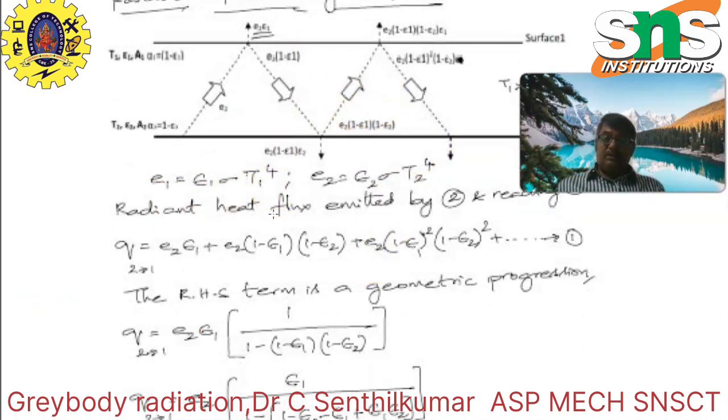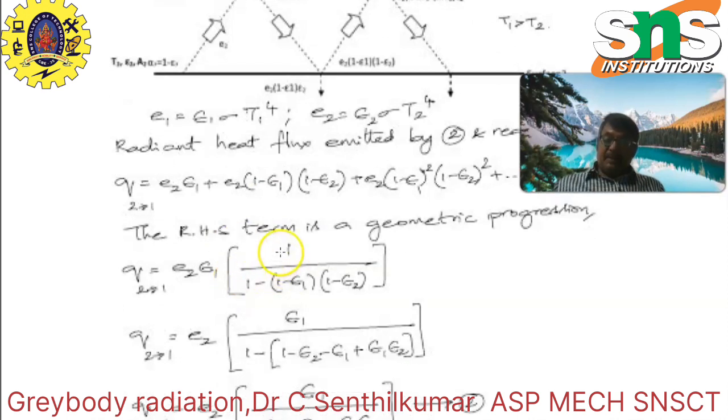The right-hand side term is a geometric progression. So Q 2 to 1 is equal to E2 emissivity 1 by 1 minus (1 minus emissivity 1)(1 minus emissivity 2). So again Q 2 to 1 is equal to E2 emissivity 1 divided by 1 minus emissivity 2 minus emissivity 1 plus emissivity 1 emissivity 2.